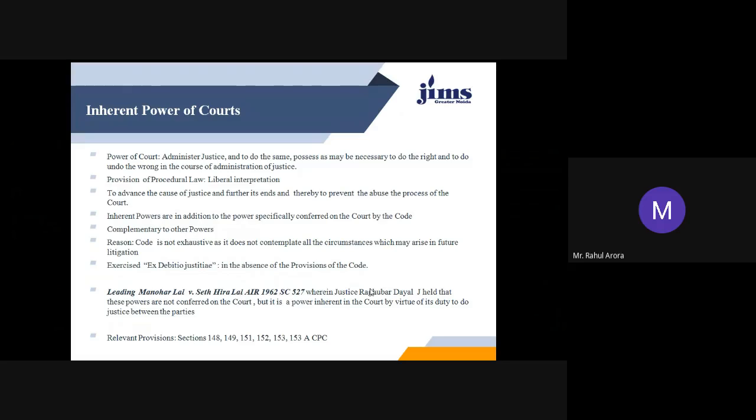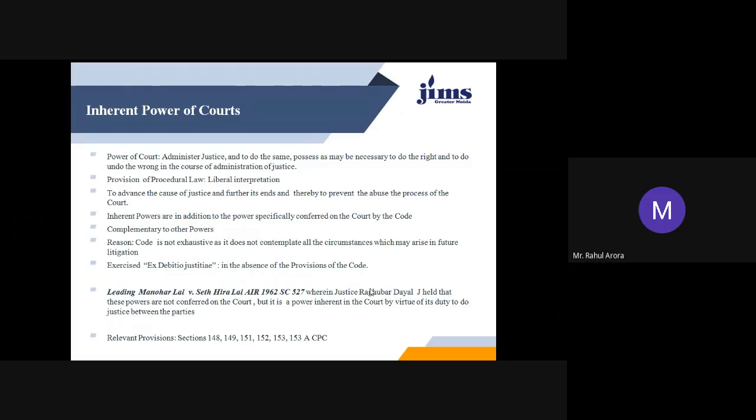Furthermore, as far as the exhaustiveness of the code is concerned, it is submitted that it is exhaustive on the aspects which have been specifically covered in it.